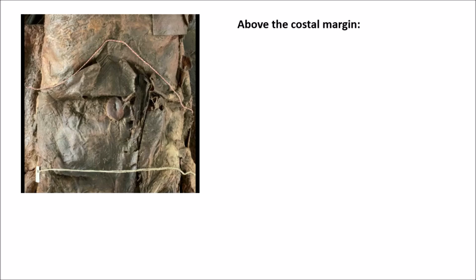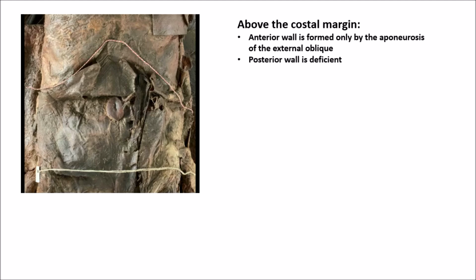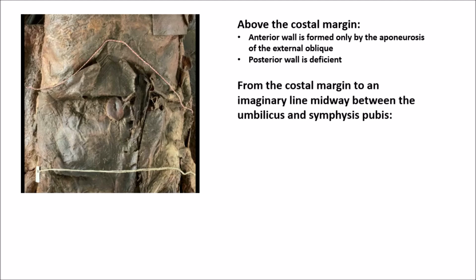Above the costal margin, the anterior wall is formed only by the aponeurosis of the external oblique, and as the aponeuroses of the internal oblique and transversus abdominis are attached to the costal margin, the posterior wall is deficient here. From the costal margin to the imaginary line midway between the umbilicus and symphysis pubis, the internal oblique splits into two lamellae, anterior and posterior.